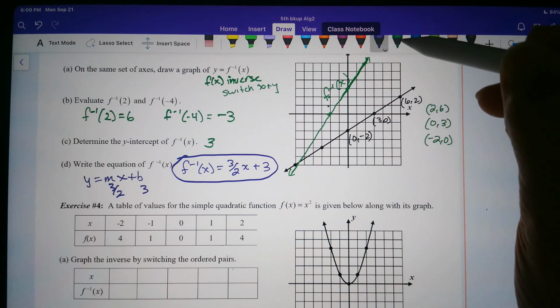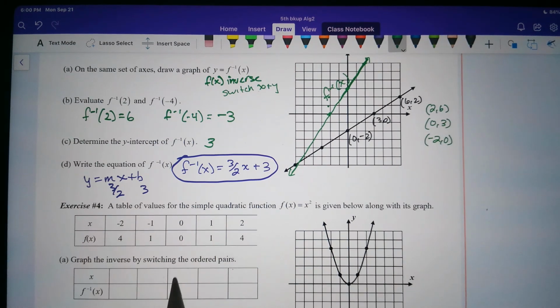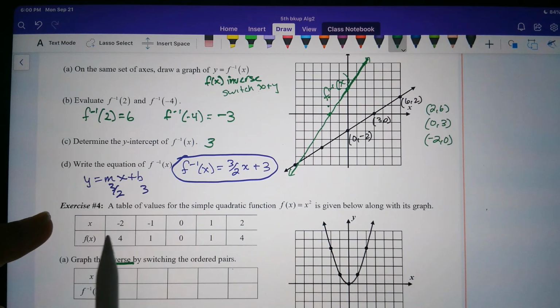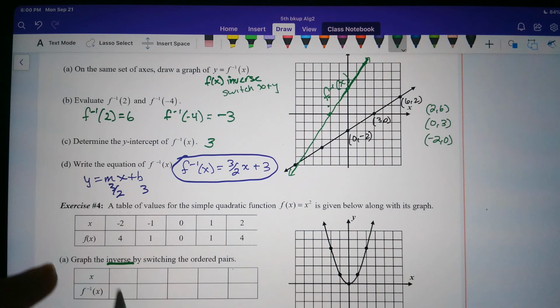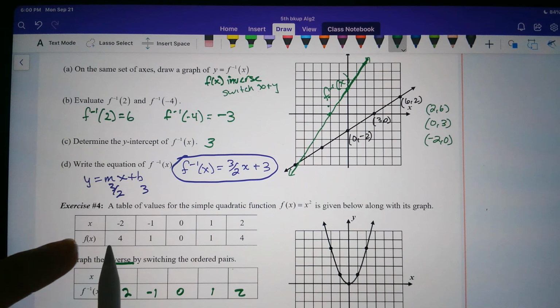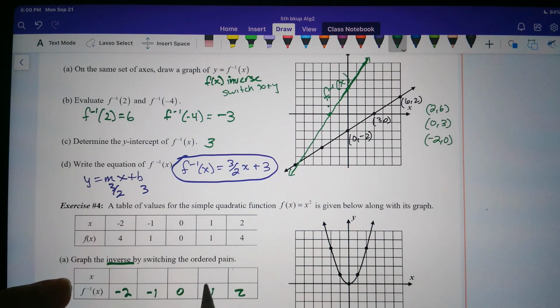Again, for the inverse, we're just switching. So these x's, which are the domain, now become the range: negative 2, negative 1, 0, 1, 2. And these outputs are now the inputs in our inverse function: 4, 1, 0, 1, 4.